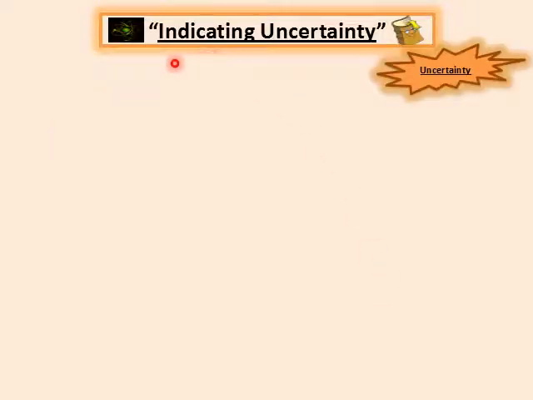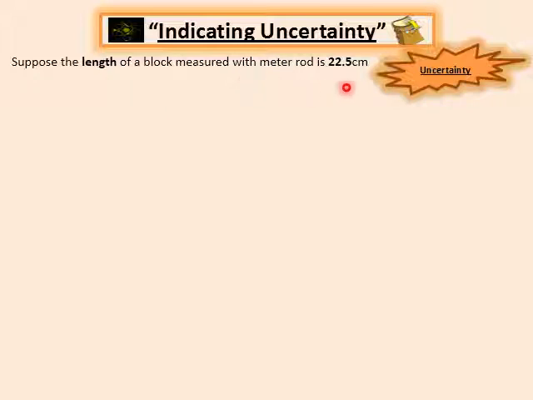Now students, we are going to indicate the uncertainty. To indicate the uncertainty, I have an example. Suppose we have a block of length 22.5 centimeter, which we have measured with a meter rod which has the least count plus minus 0.1 centimeter.